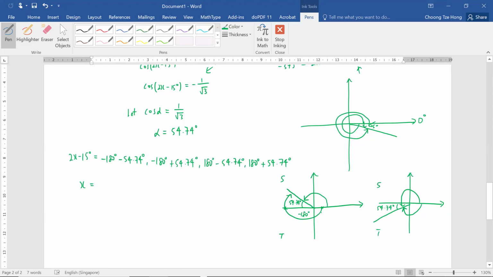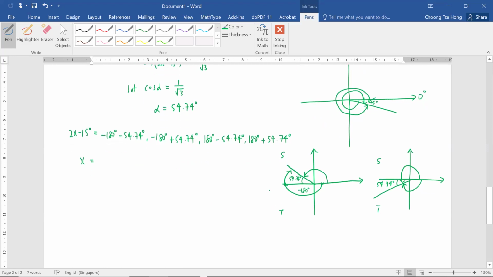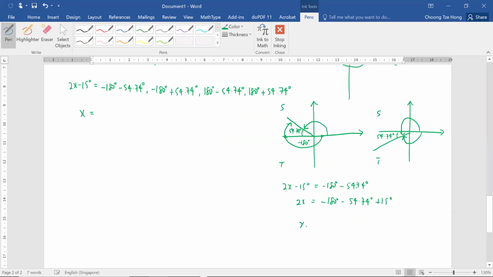Maybe I'll work out one of them for you to see. Let's try the first one: 2x minus 15 degrees equals negative 234.74. Bring the 15 over, and remember, when you go to the other side it is adding, so plus 15. Then you divide by 2.